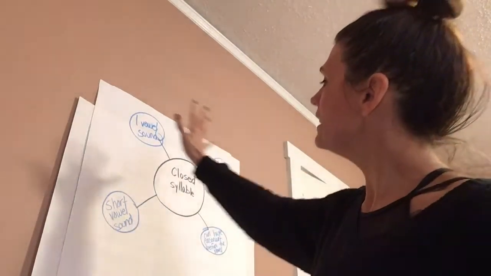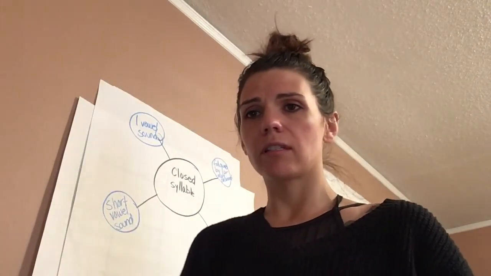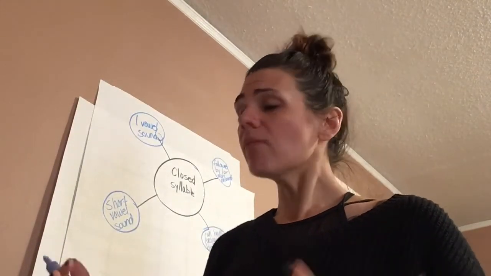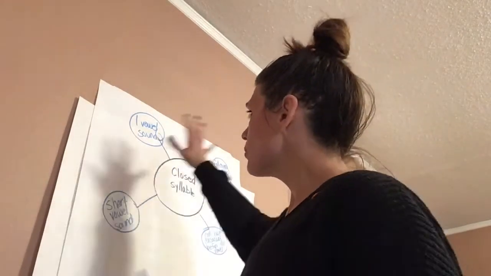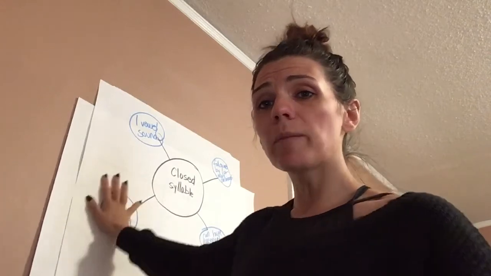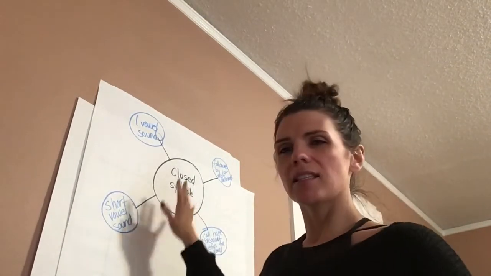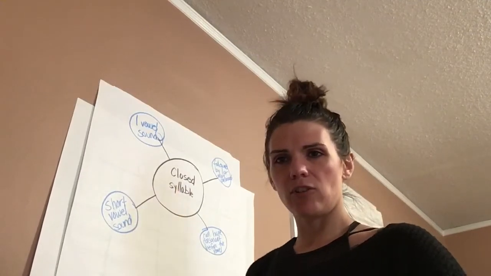You're just going to continue to put all the information you know about those closed syllables. So if you're doing one of those word maps for a 3, you should have lots and lots and lots of information.